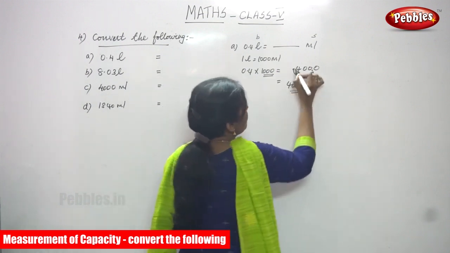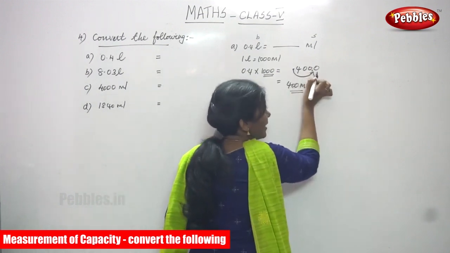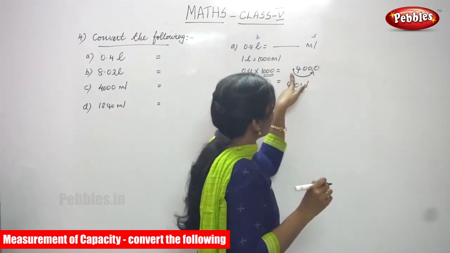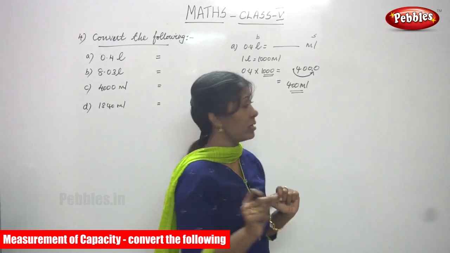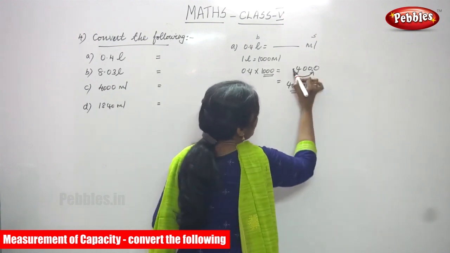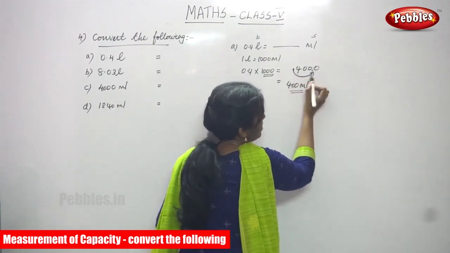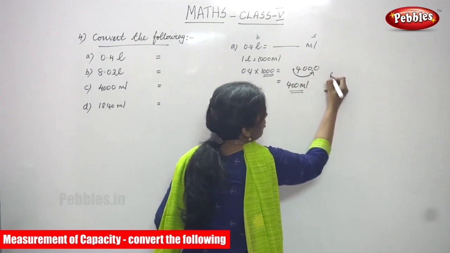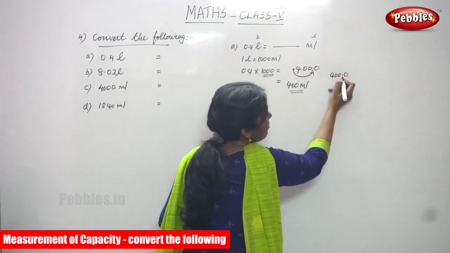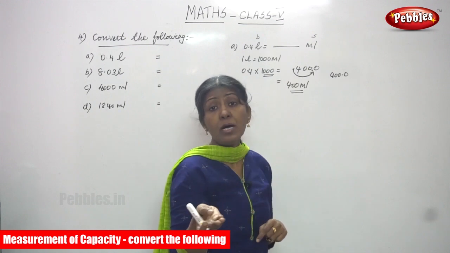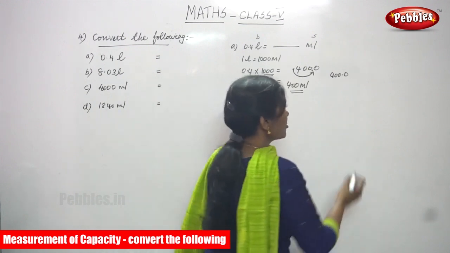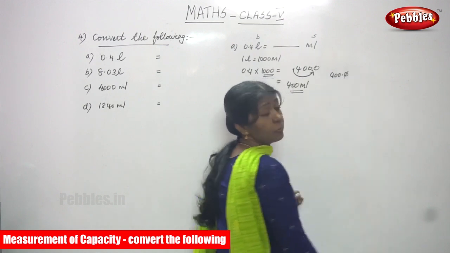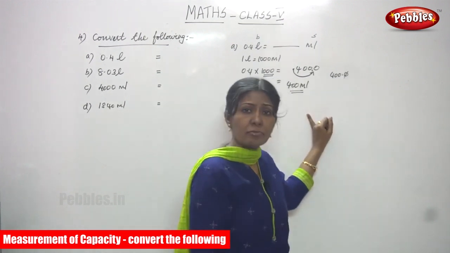Then this decimal point moves 3 decimal places to the right direction. So the answer is 400.0. After the point you should not add 0, because there is no value for the 0. So just cancel the 0. So the answer is 400 milliliter. This is the right answer for the question.